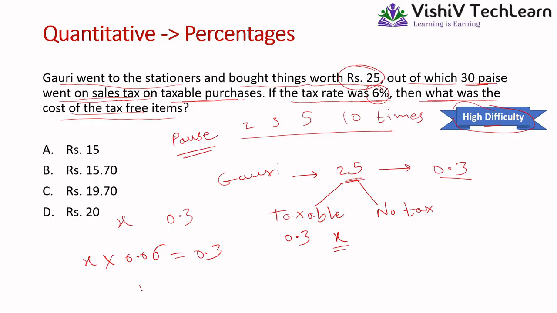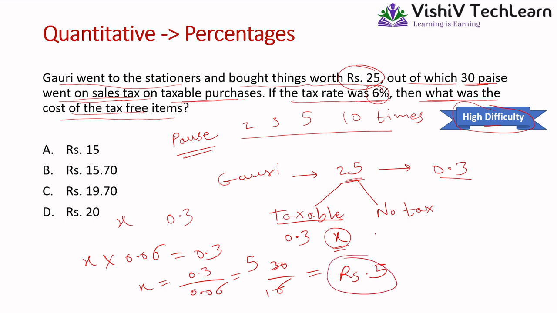So overall it should be X is equal to 0.30 upon 0.06. Now this can be 30 upon 6 if we shift the decimal places, and 6 5s are 30. So rupees 5. Rupees 5 is what? X, which is taxable items. So taxable items were of rupees 5.